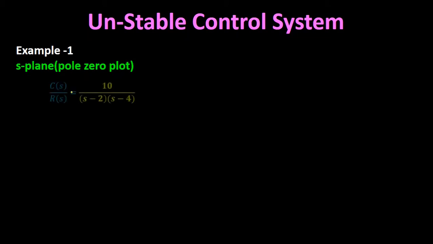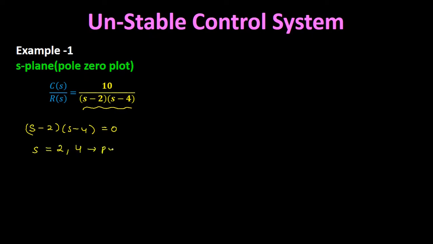The first example: the overall transfer function C(s)/R(s) is equal to 10 divided by (s minus 2) into (s minus 4). To find the poles of this transfer function, we have to equate the denominator to 0. Therefore, we get (s minus 2)(s minus 4) is equal to 0. From here, we get s is equal to 2 and s is equal to 4.